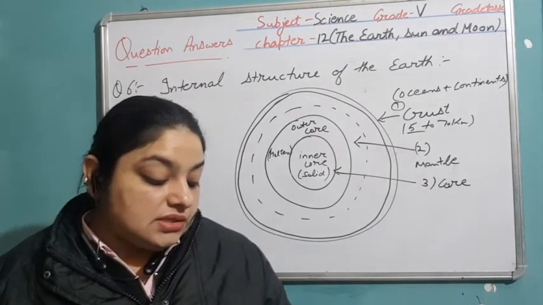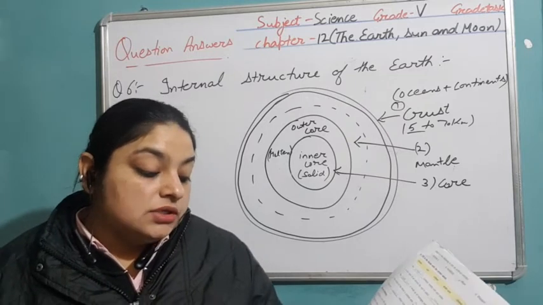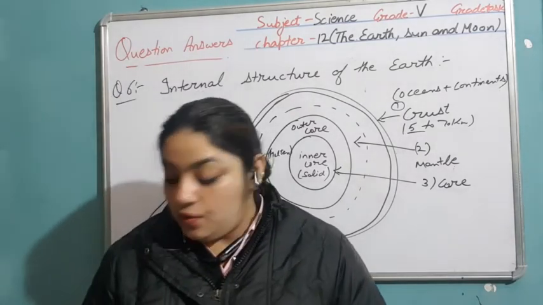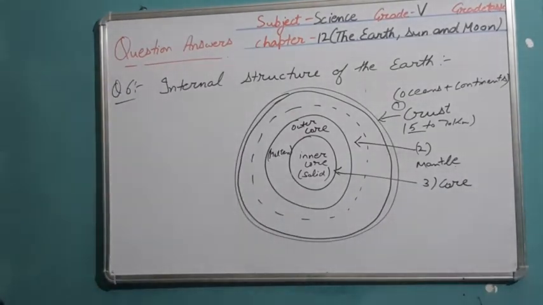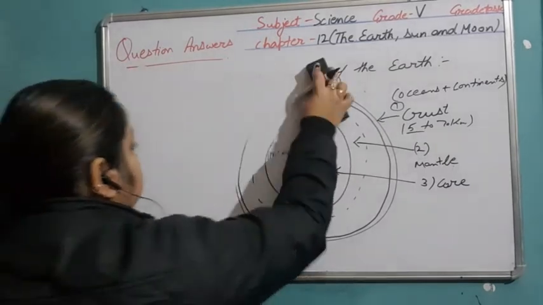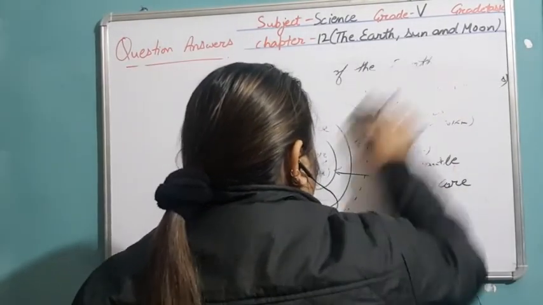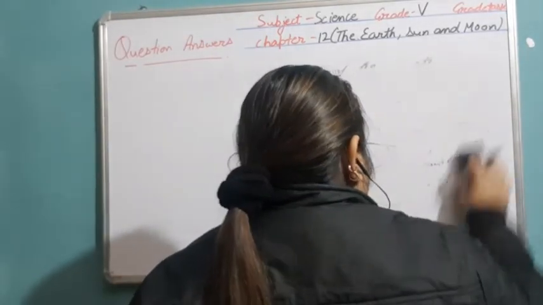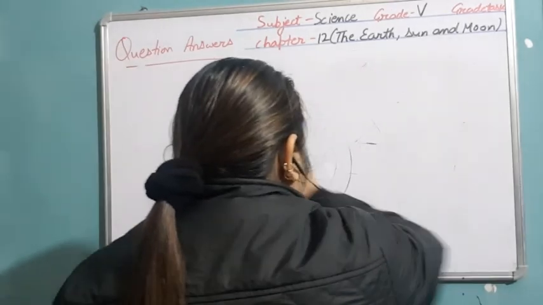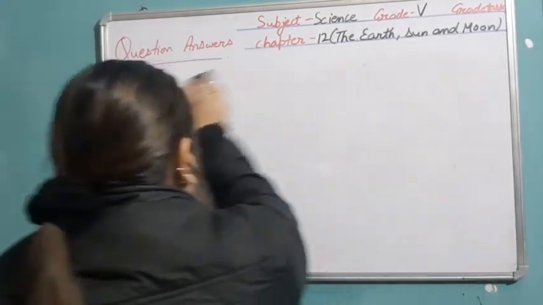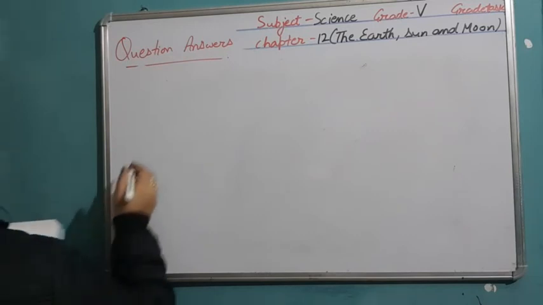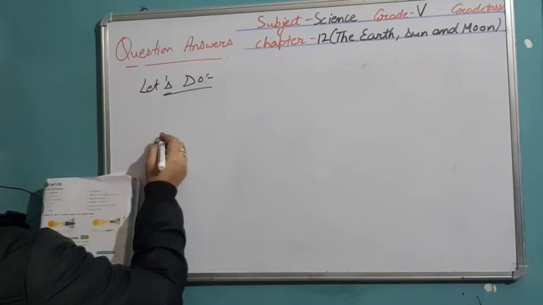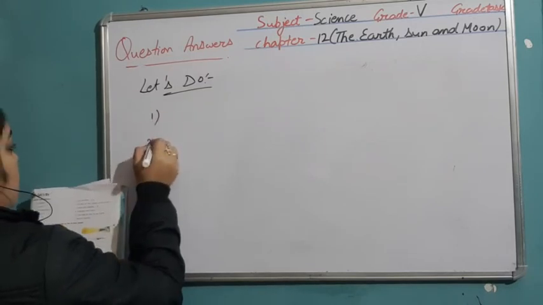Next question is a well-labeled diagram of solar eclipse and lunar eclipse, that I have already explained with question number 1. Now match the following. Two columns are given.